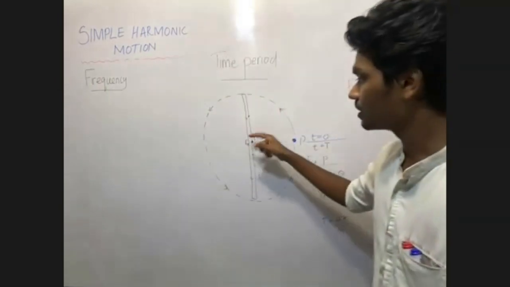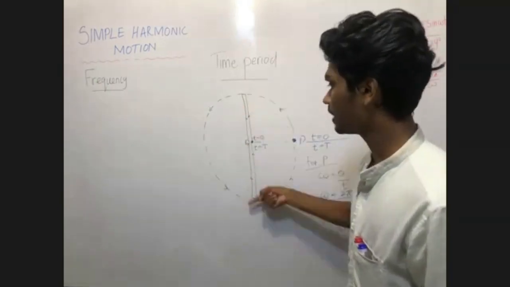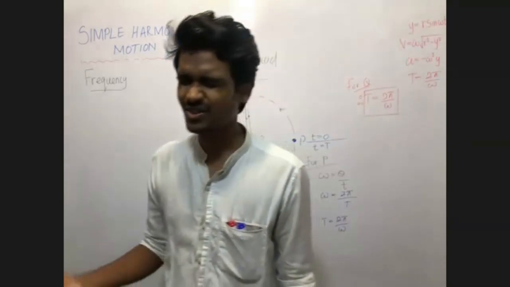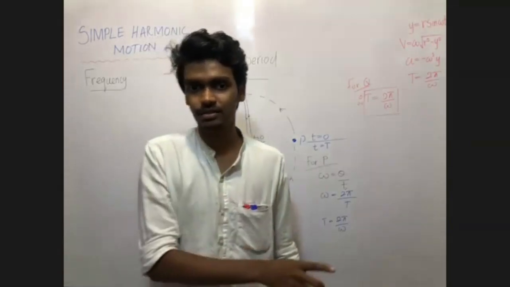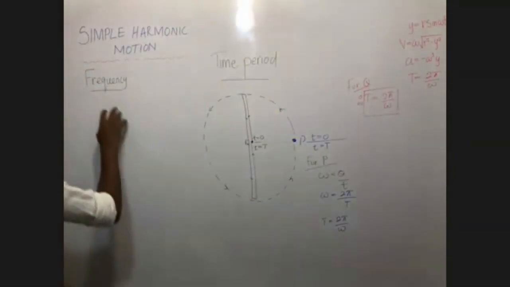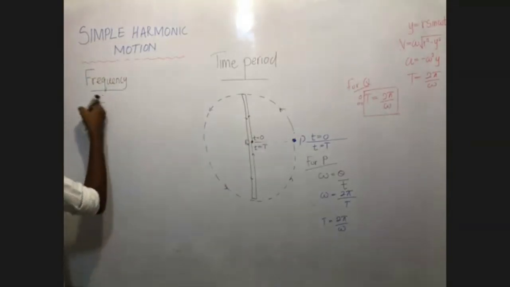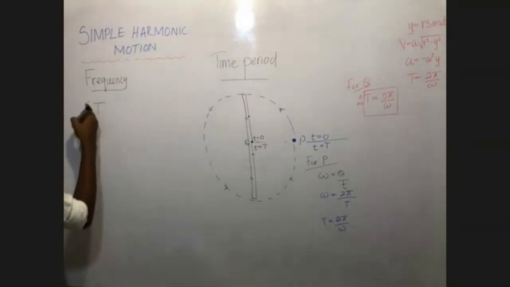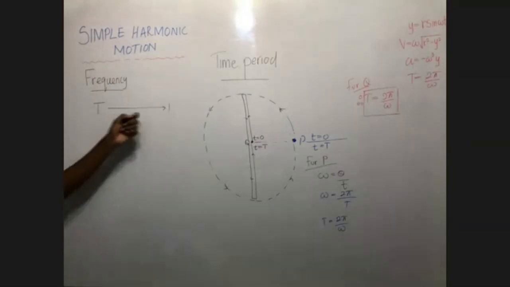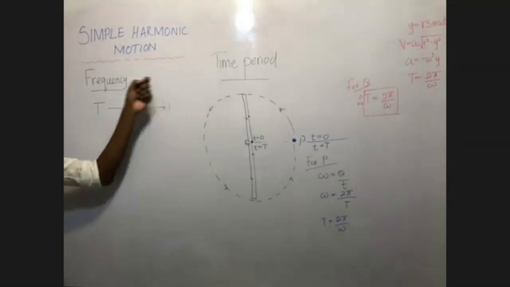So if on the stopwatch this performs 5 oscillations in 1 second, the frequency is 5 hertz. Sorry, not the time period, frequency. In capital T time period, how many oscillations will it make? One oscillation. So that is the definition of time period: the time taken to perform one oscillation.